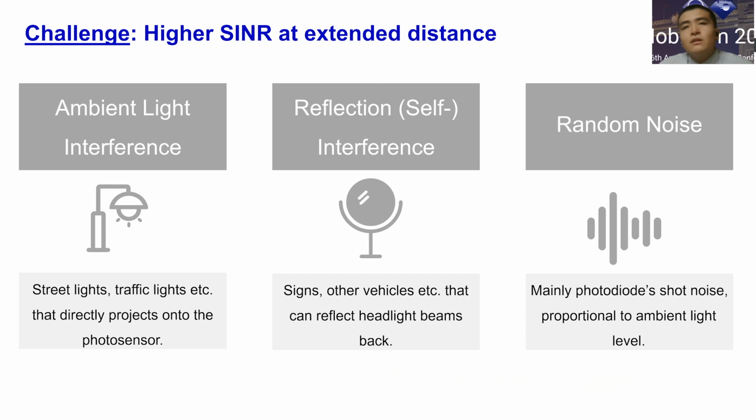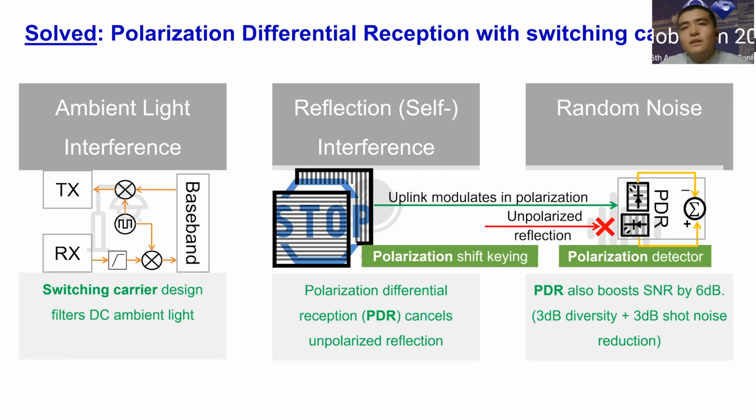To achieve a long range, the key issue is higher signal to interference plus noise ratio. Therefore, we need to lower the negative impact caused by ambient light interference, self-interference, and random noise. Our high-level solution is first to adopt a switching carrier that filters DC light interference.